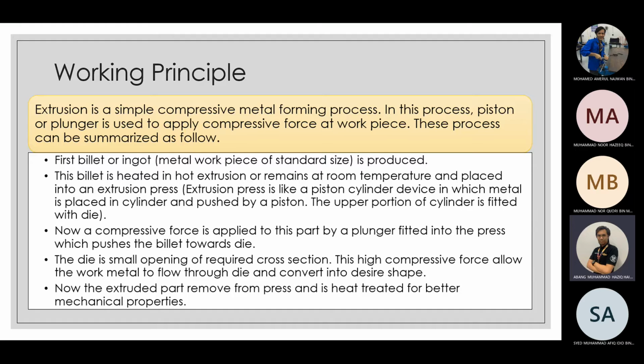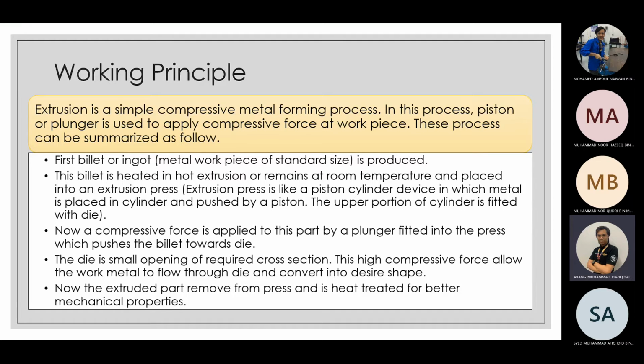Then this billet is heated in hot extrusion, or remains at room temperature, and is placed into an extrusion press. This extrusion press is like a piston cylinder device in which the metal is placed in the cylinder and pushed by the piston. The upper portion of the cylinder is fitted with a die.